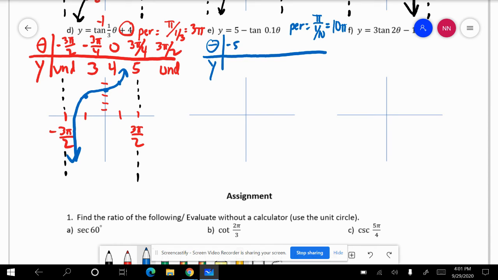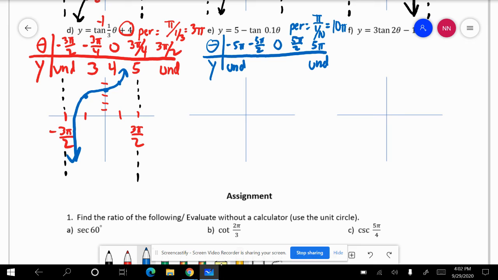So we have negative 5 pi, negative 5 pi over 2, 0, 5 pi over 2, and 5 pi. We start with undefined, we end with undefined.